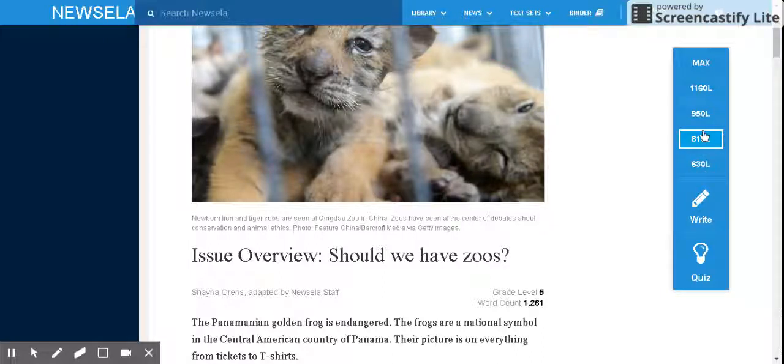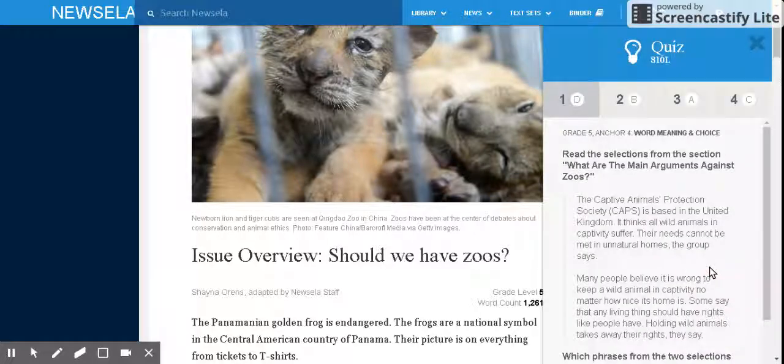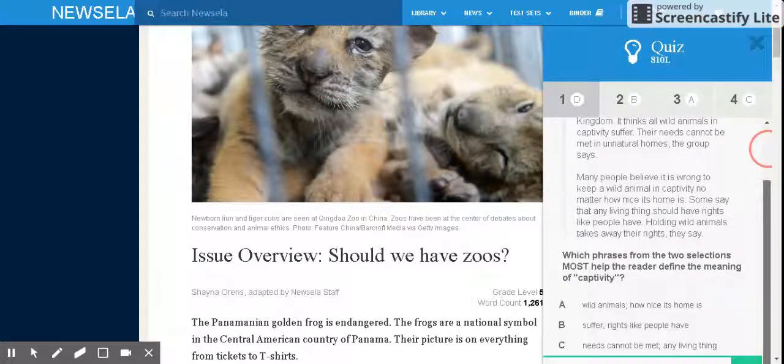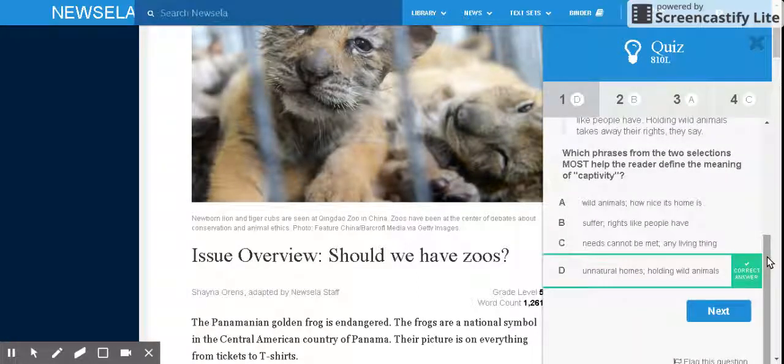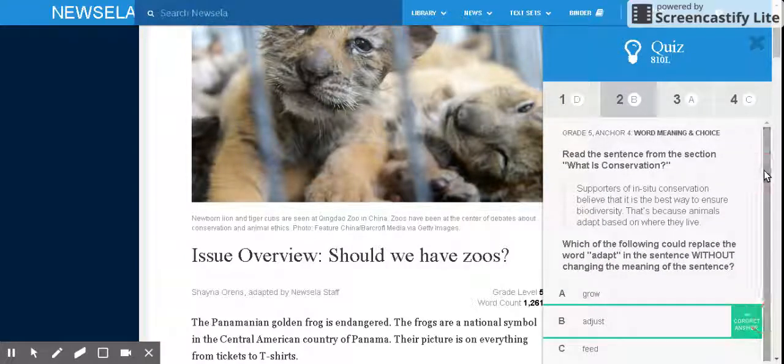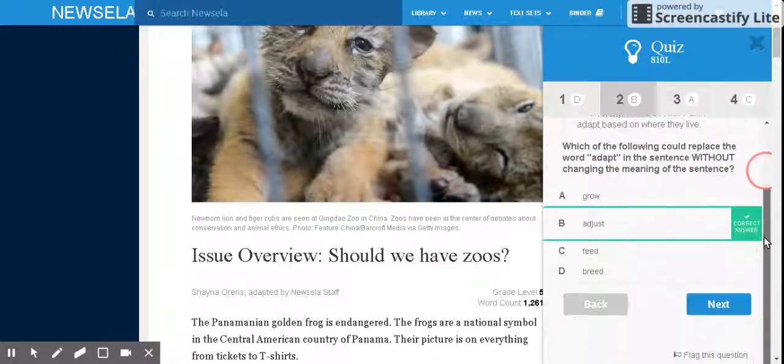All right, so let me open up a couple things here, and just so you can kind of see the quiz for a second. Now, I'm logged in as a teacher, so of course it's showing me all the answers across the top. The students obviously aren't going to see that, but there are questions that the students have to answer, and there's 4 questions for each article, and for each level, the questions do get increasingly more challenging as the article gets more challenging.